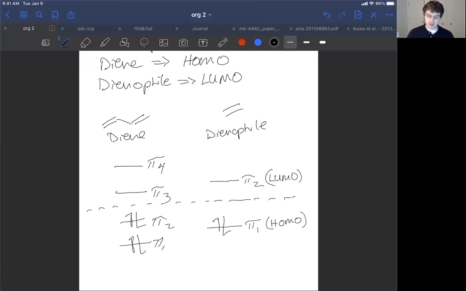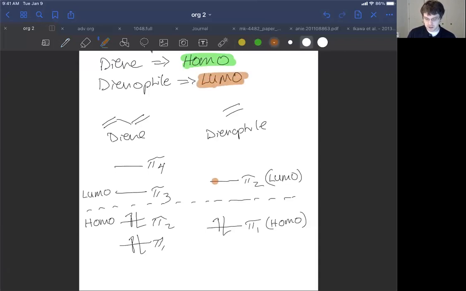But now, for the diene, we actually have 2 orbitals that are unoccupied and 2 that are occupied. The HOMO is the highest energy one that has electrons, and the LUMO is the lowest energy one without electrons, the lowest unoccupied molecular orbital. So I keep saying it's the HOMO of the diene interacting with the LUMO of the dienophile.